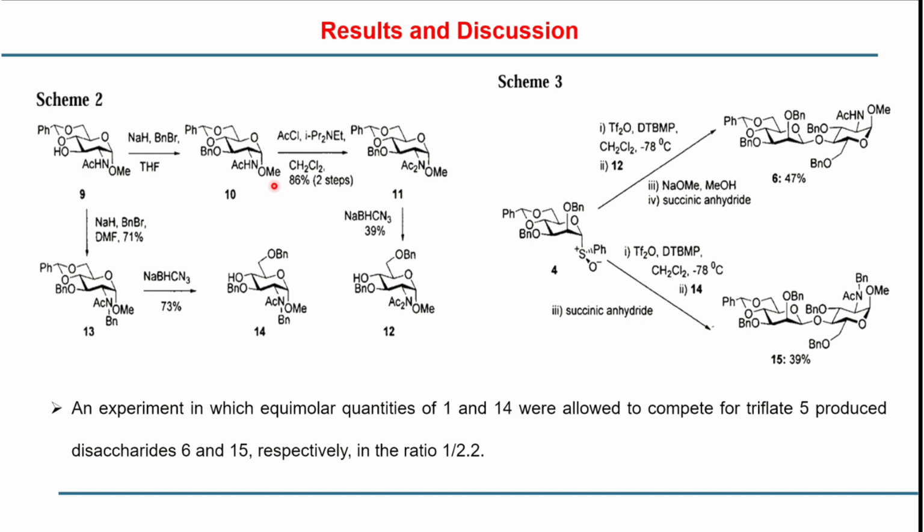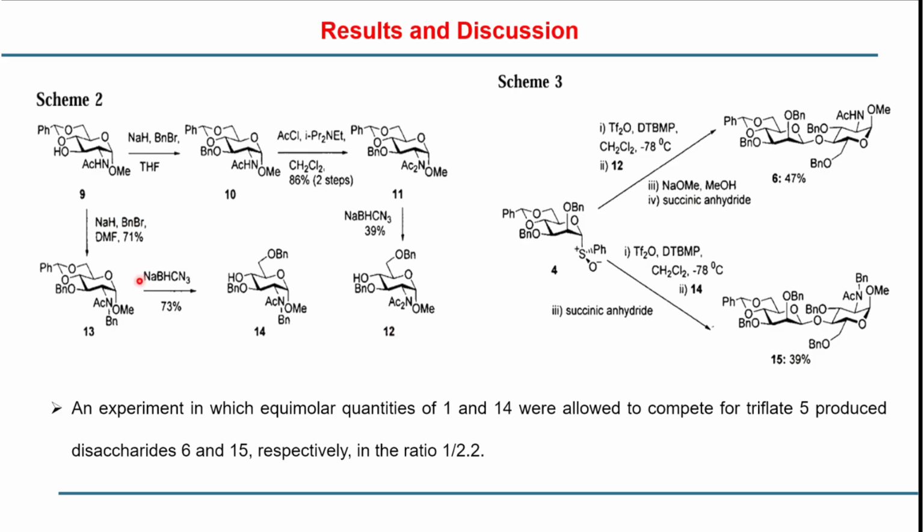They got 10. Then they did the acetylation of the amine group using acetyl chloride in the presence of diisopropylethylamine in dichloromethane. They got 11. After selective opening of the benzylidene group using sodium cyanoborohydride, they got acceptor 12.